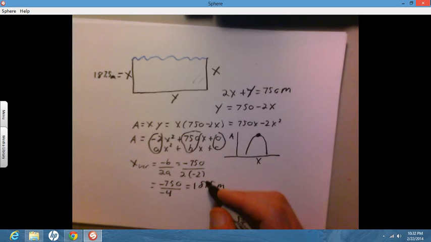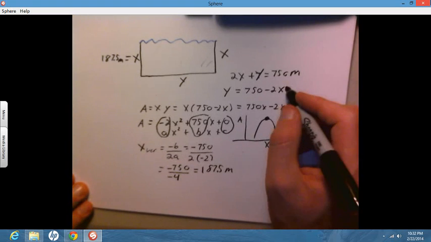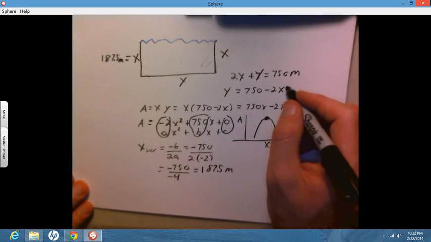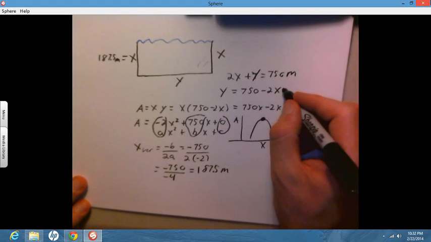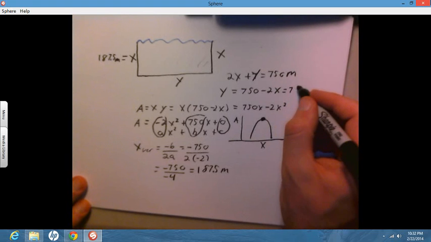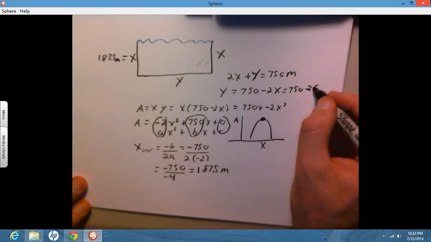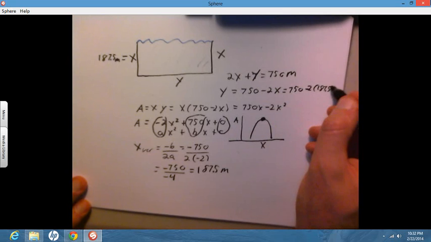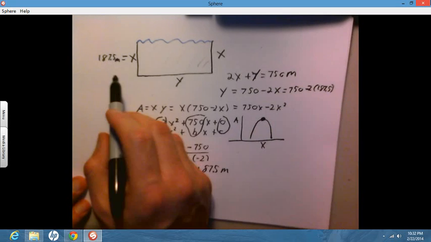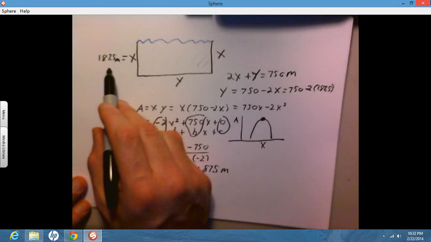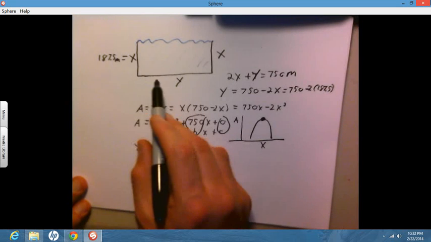Now the y value we have up here is 750 minus 2x. So this is going to be equal to 750 minus 2 times 187.5, right? I just copied this value over here for x.